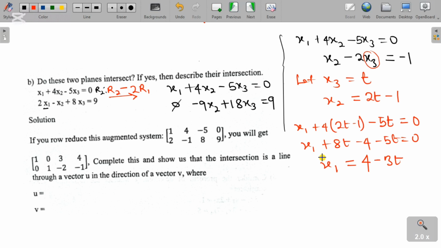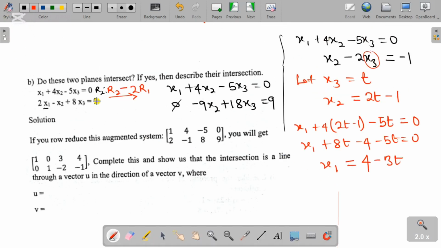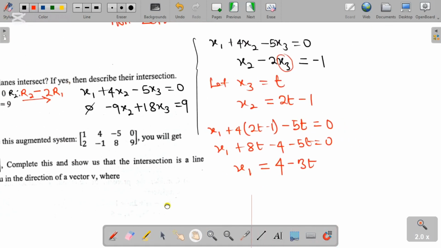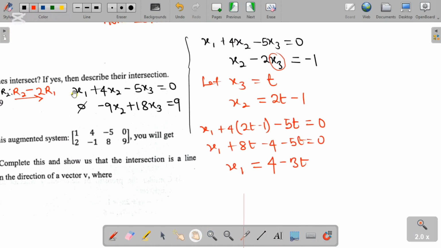So I can now write this in a matrix form. Okay, let me go up a little bit. So I can put this in a matrix form now, and that is going to give me something of this nature.